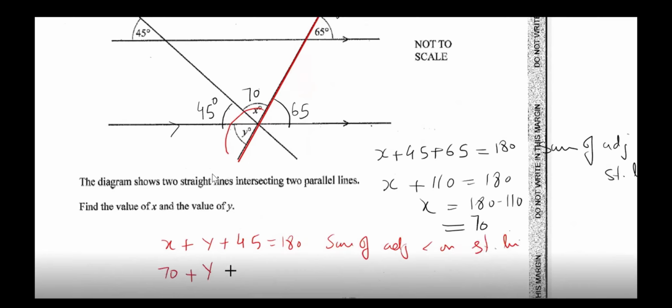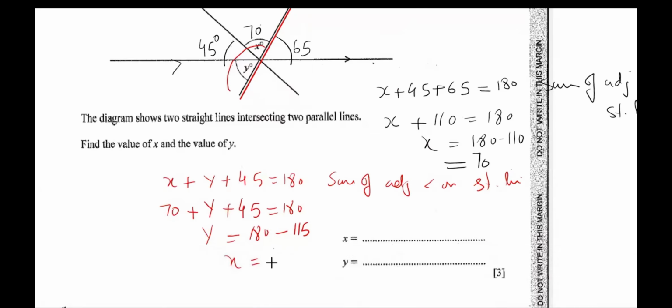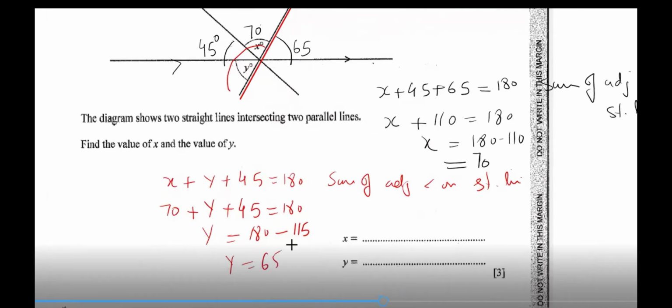We write y as it is, plus 45, equal to 180. This means y will be equal to 180 minus 70 plus 45, this will be equal to 115. Hmm, so y equals 180 minus 115, y equals 65. We write here 180 minus 115, y equals 65.